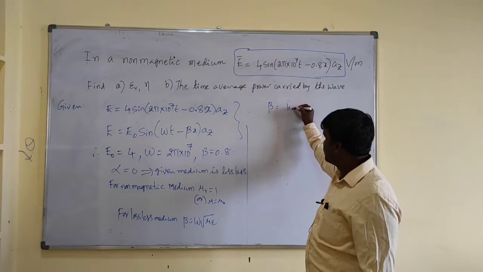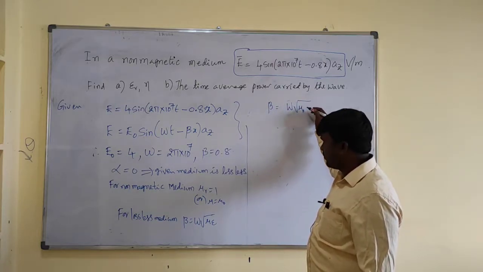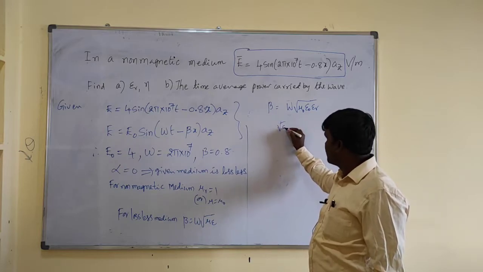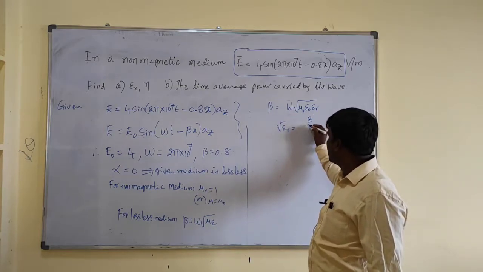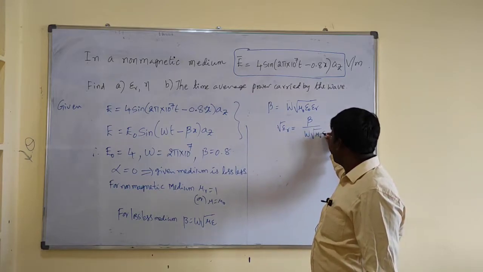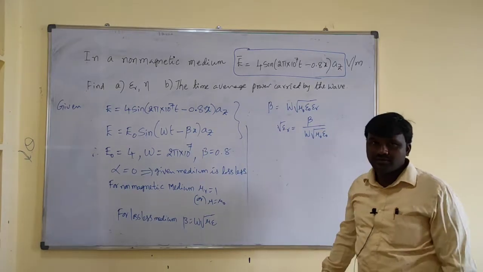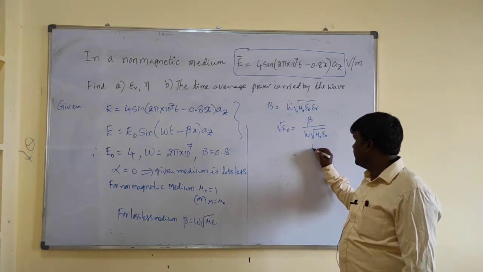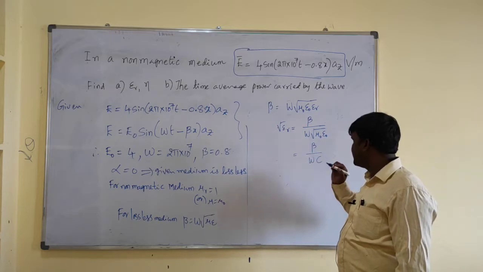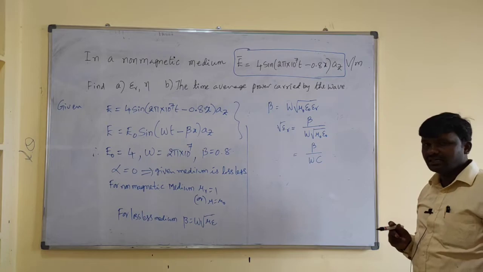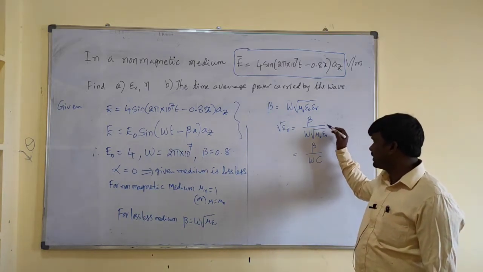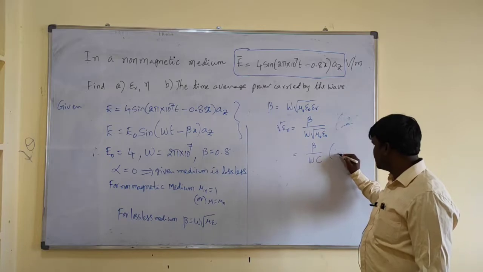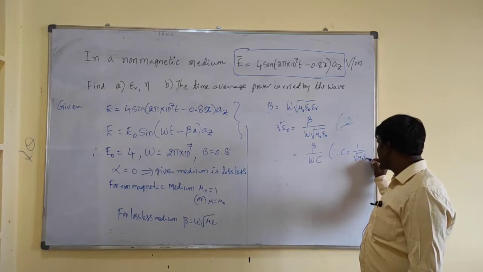So beta is equal to omega root mu naught epsilon naught epsilon r, since mu r is 1. Now root epsilon r can be written as beta by omega root mu naught epsilon naught, which equals beta c by omega, since c equal to 1 by root mu naught epsilon naught.